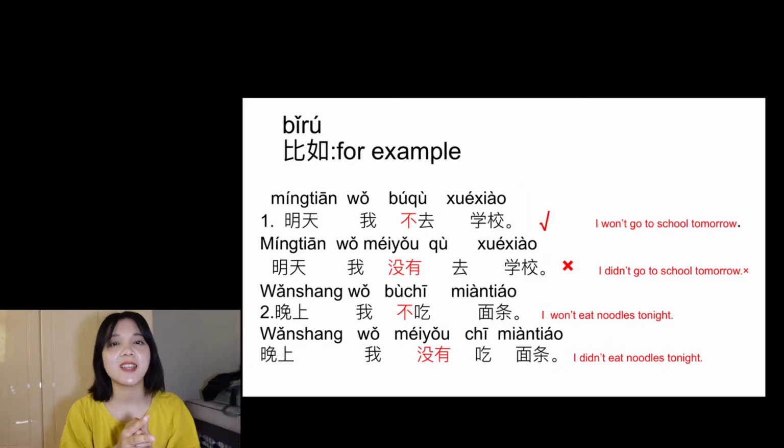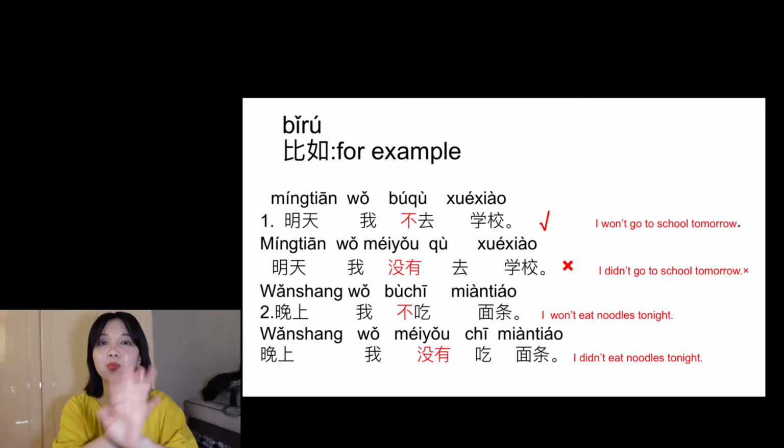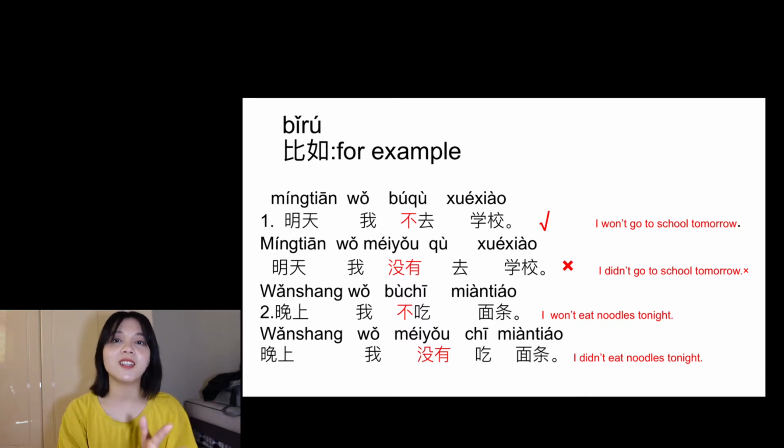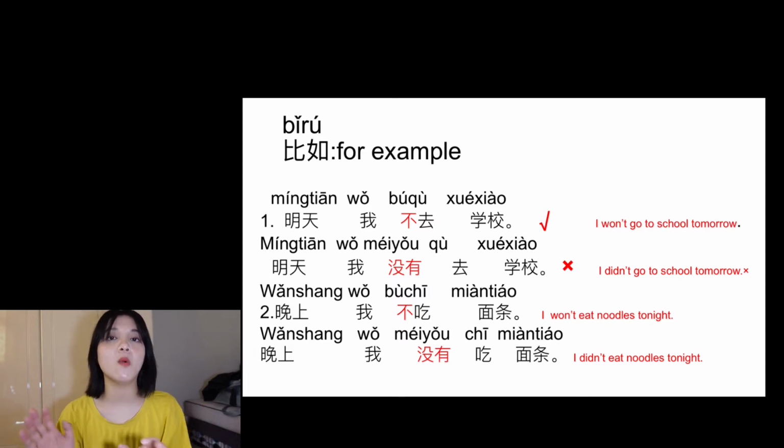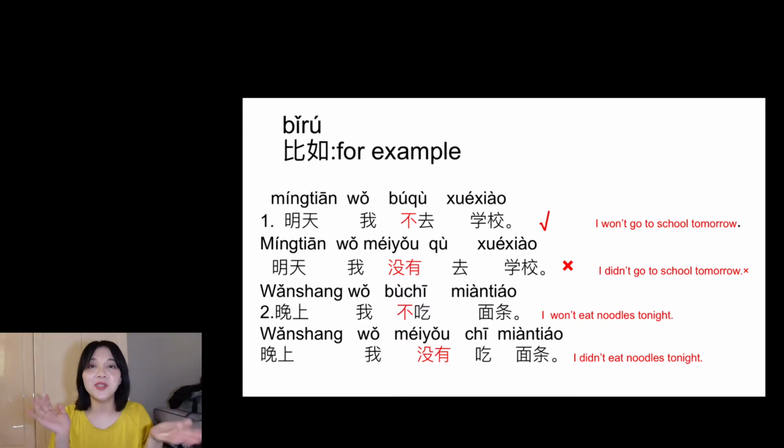For example, this sentence: 明天我不去学校。去 is go, it's a verb, so 不去 is to express someone's intention. It means tomorrow, my intention is I don't go to school. 明天我不去学校。But you can't say 明天我没有去学校, because when we say 没有 and add a verb, we use that to deny something has happened.